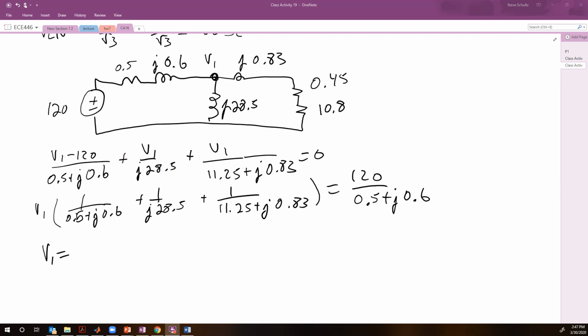So calculating what V1 is, we get 1.121 times 10 to the 2 minus j3.38. Okay, so now that we have the voltage, let's go ahead and calculate our current.